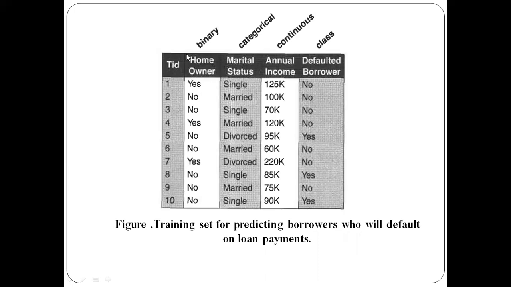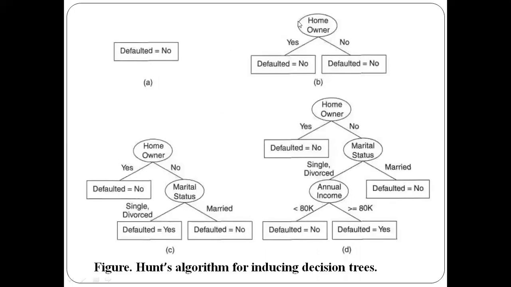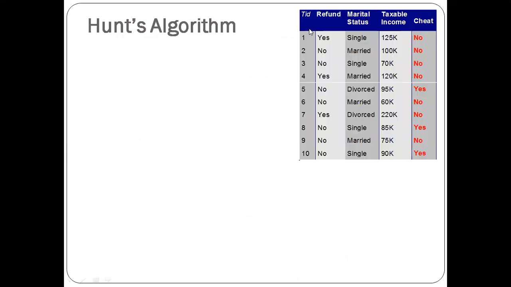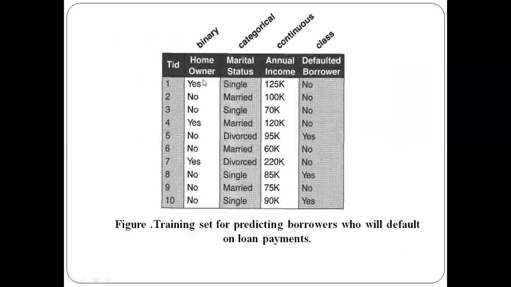We have chosen homeowner as the next test condition. The majority of the people who own a home have the defaulted class label as no.